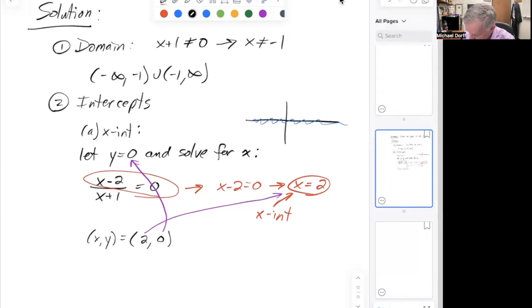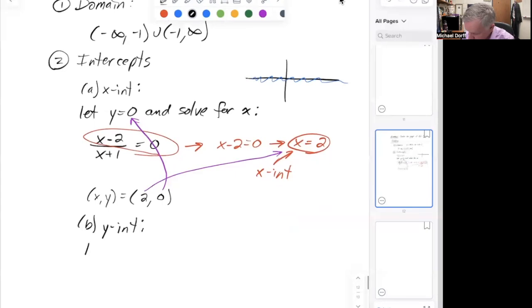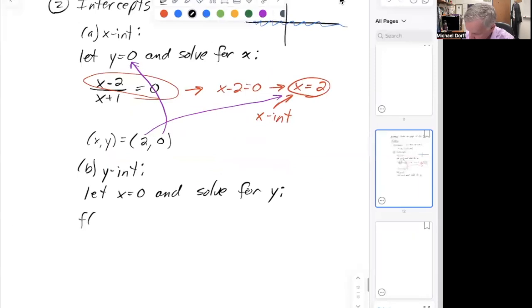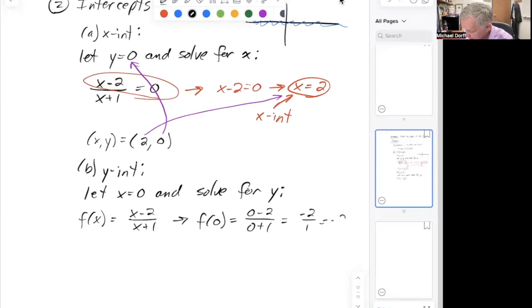All right, my y-intercept, we're going to let x equal 0 and solve for y. So in my function, remember my function again was x minus 2 over x plus 1. So we have now f of 0 is 0 minus 2 over 0 plus 1, and I get -2 over 1 or -2.